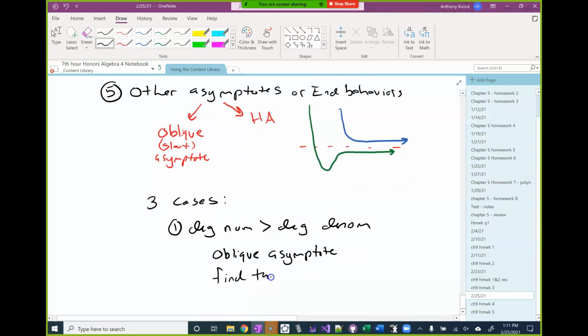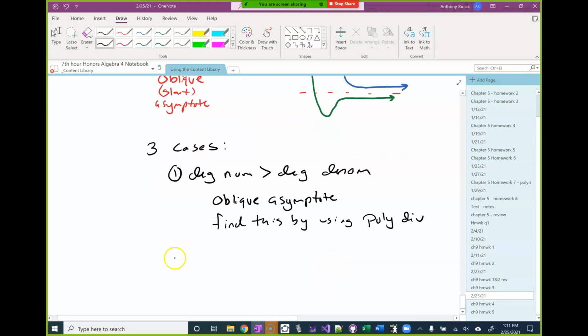We'll do some examples next time about specifically how we're getting that oblique asymptote out of the polynomial division. I guess I should say asymptote or end behavior. It's possible you're getting some crossing going on there still.